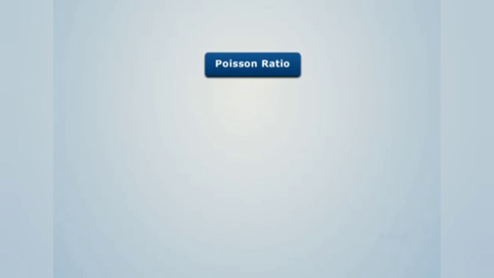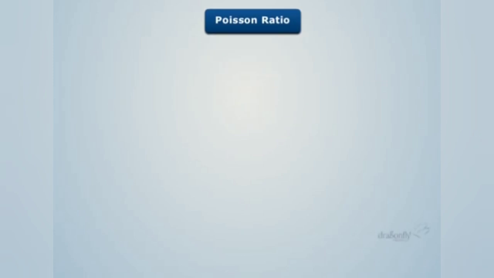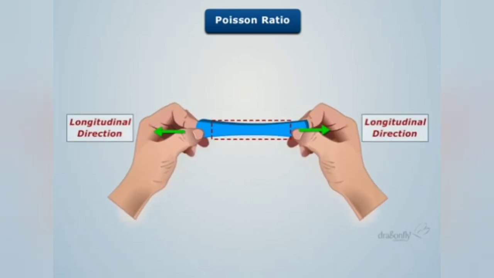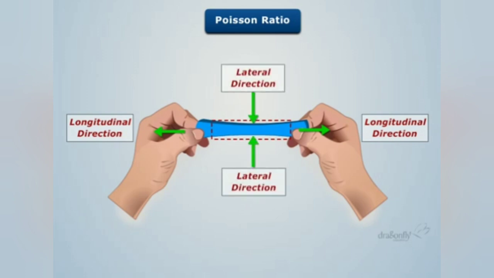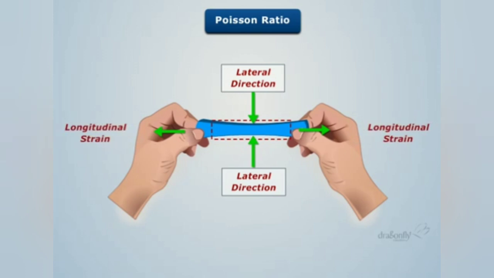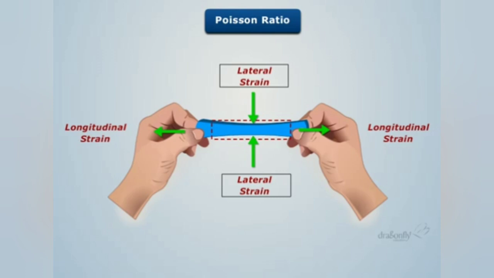Poisson ratio. To understand Poisson's ratio, let's take an example of a rubber strip as shown. When we pull this strip in a longitudinal direction, the strip elongates in the longitudinal direction and contracts in the lateral direction. The strain developed in the longitudinal direction is known as longitudinal strain, and the strain developed in the lateral direction is known as lateral strain.